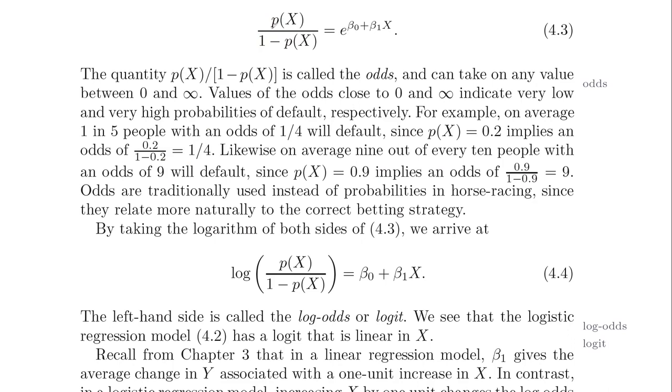Now we're applying logs to both sides, and this book uses log to mean base e. It's quite common in statistics. Probably most of us are used to writing ln or log e of something.